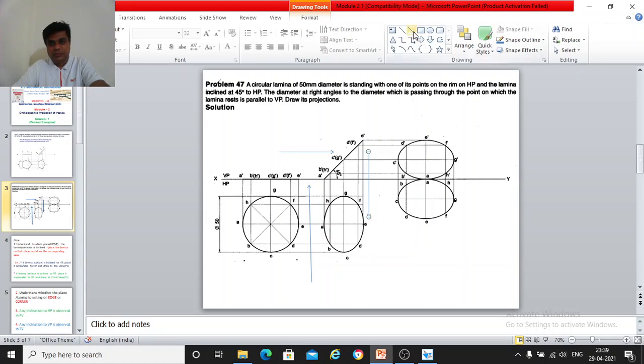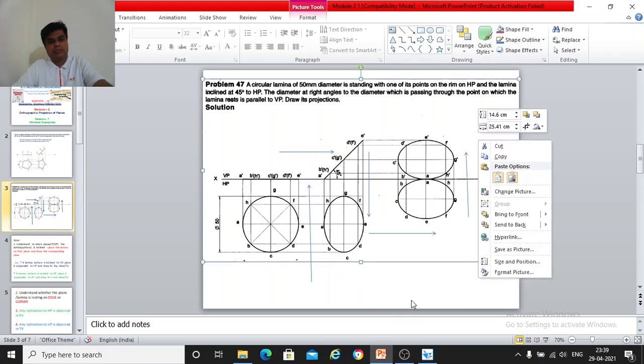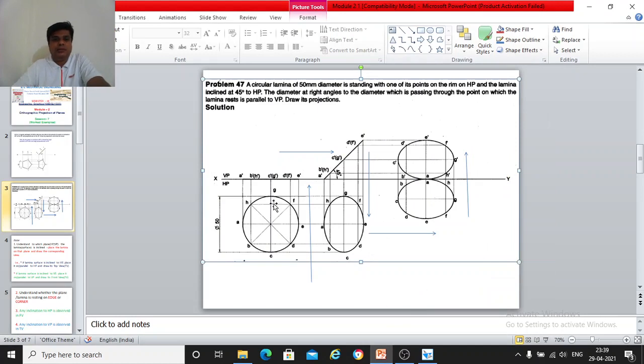From this top view we will be getting the front view. So this sequence you have to just remember when the plane is inclined to HP. Whenever the plane or lamina is inclined to HP, first we should draw the top view. From that top view we will get the front view. From that front view we will get the top view for the second stage.